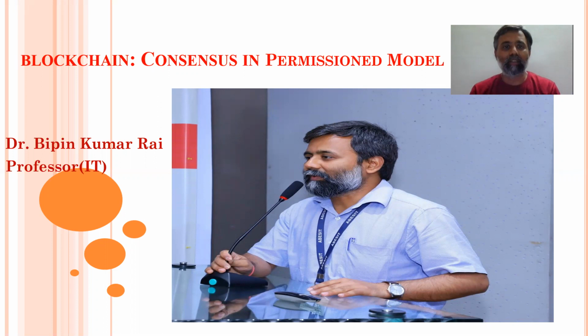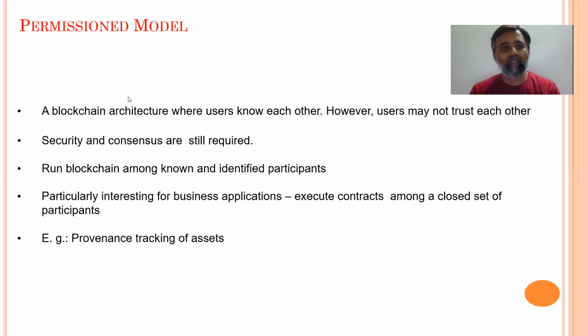So let's start. As we know that in the permission model, the users know each other. However, users may not trust each other. And that's why security and consensus are still required in the permission model. So we can run the blockchain among known and identified participants.